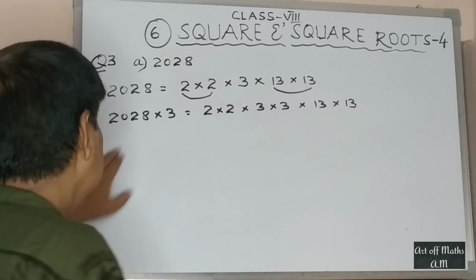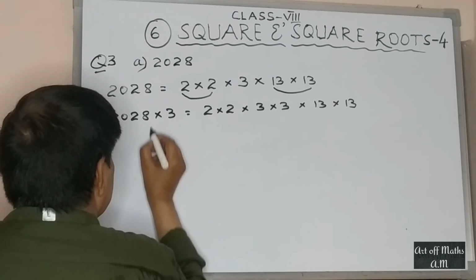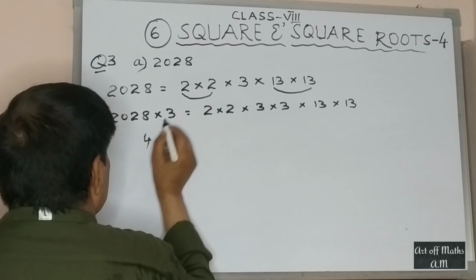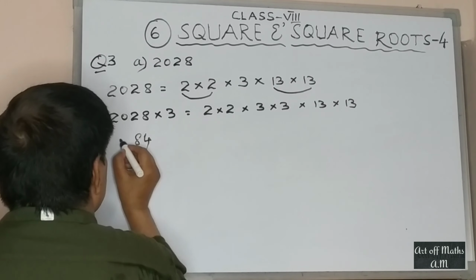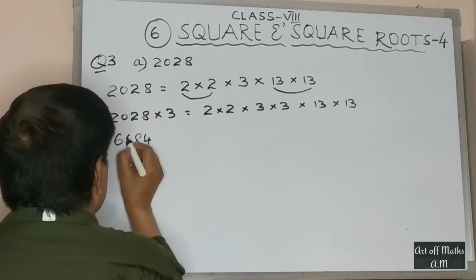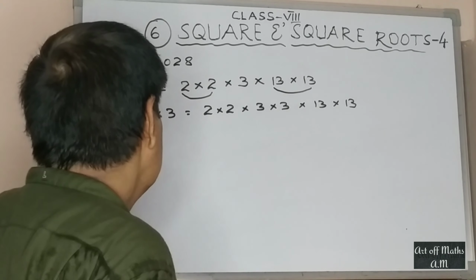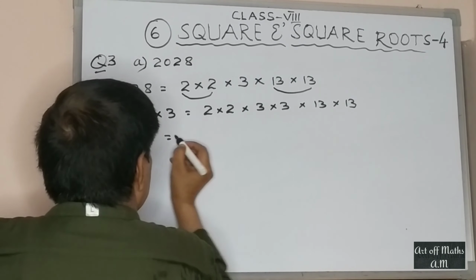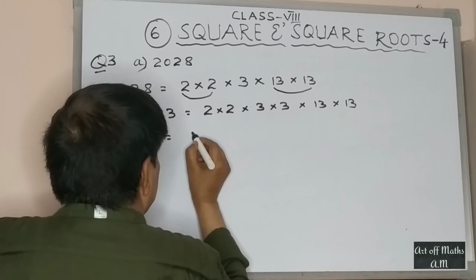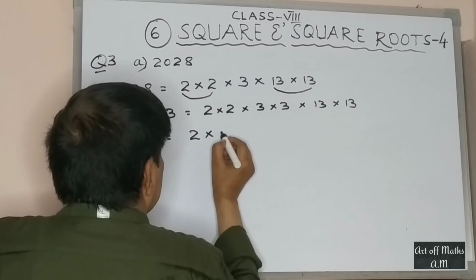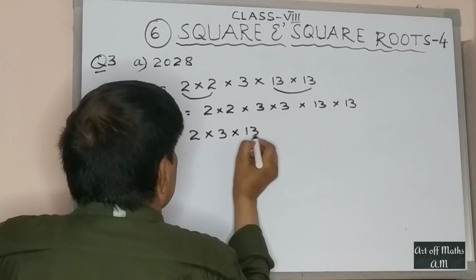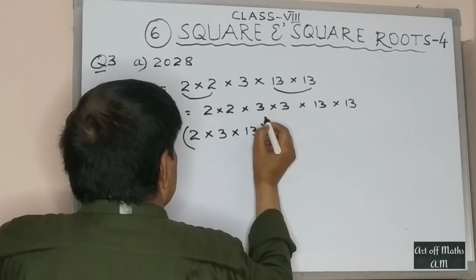We have to multiply this one. 3 8s are 24. 4, 84, 6084. Here we can write it this way: 2 into 3 into 13, whole square.